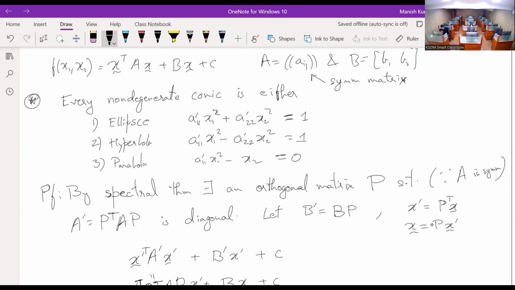In fact, we proved it more generally for any complex matrix as long as it's Hermitian, in fact normal. So here we are using the fact that A is Hermitian but also real. Real Hermitian means it's symmetric.